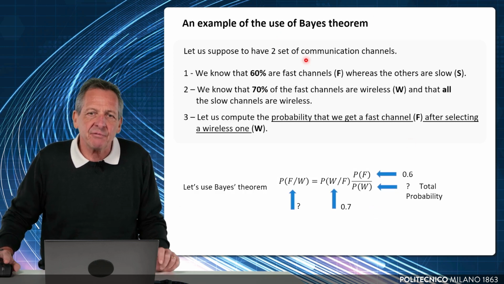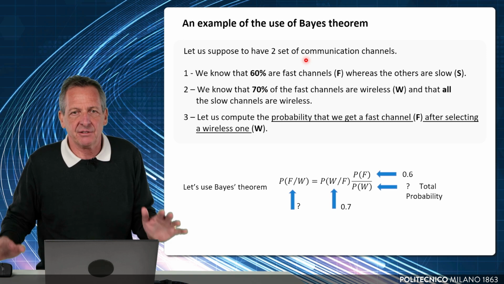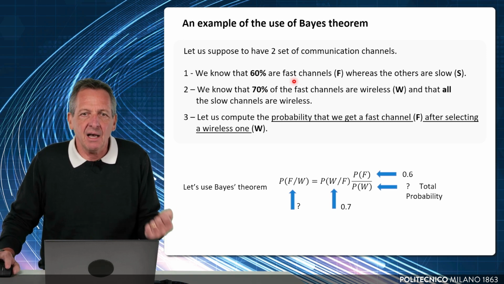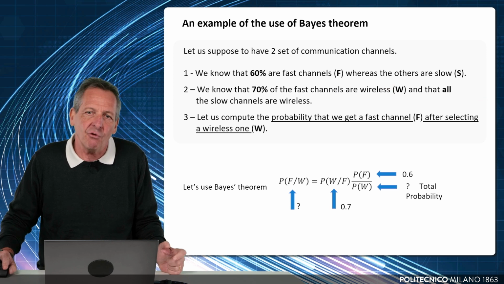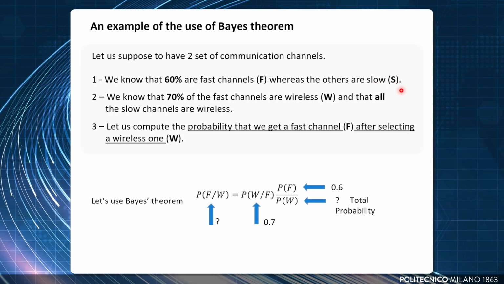Let us suppose we have two sets of communication channels. We have 60% of the channels that are fast and 40%, of course, that are slow. So our sample space is divided in two populations, fast channels and slow channels.